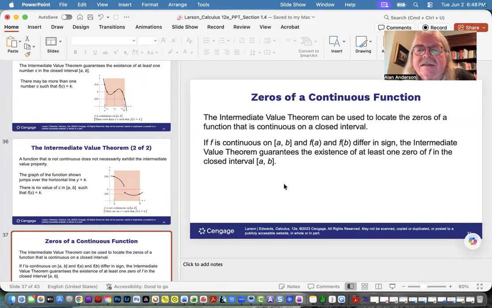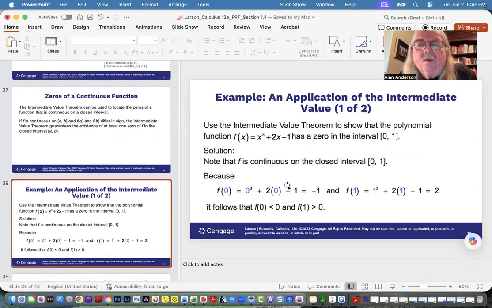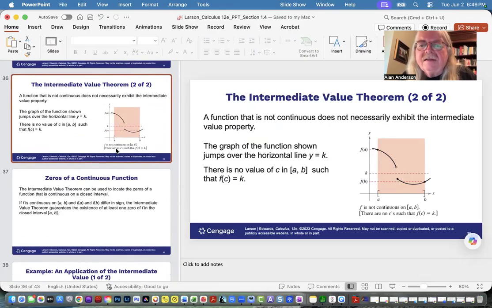Now, finding these can be very challenging, of course. And so here, what they're doing is connecting it with the intermediate value theorem, where the assumptions of the intermediate value theorem are met.